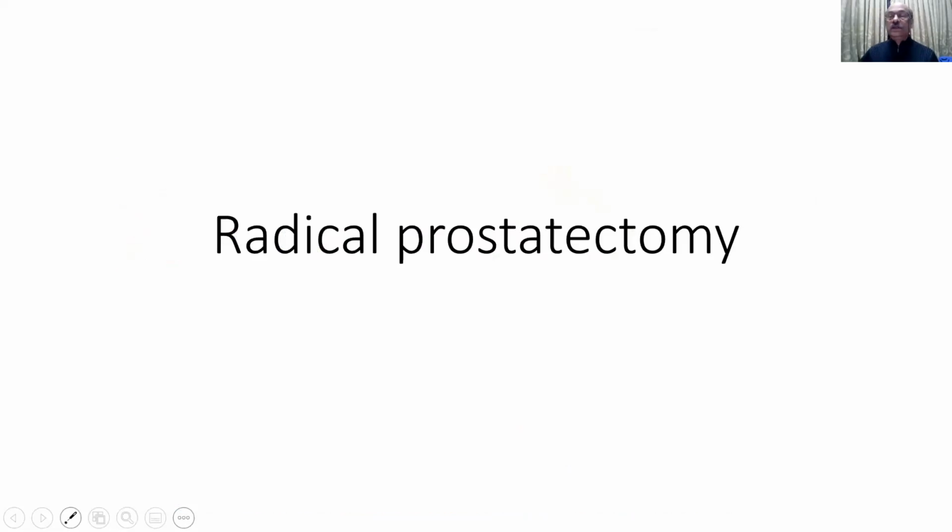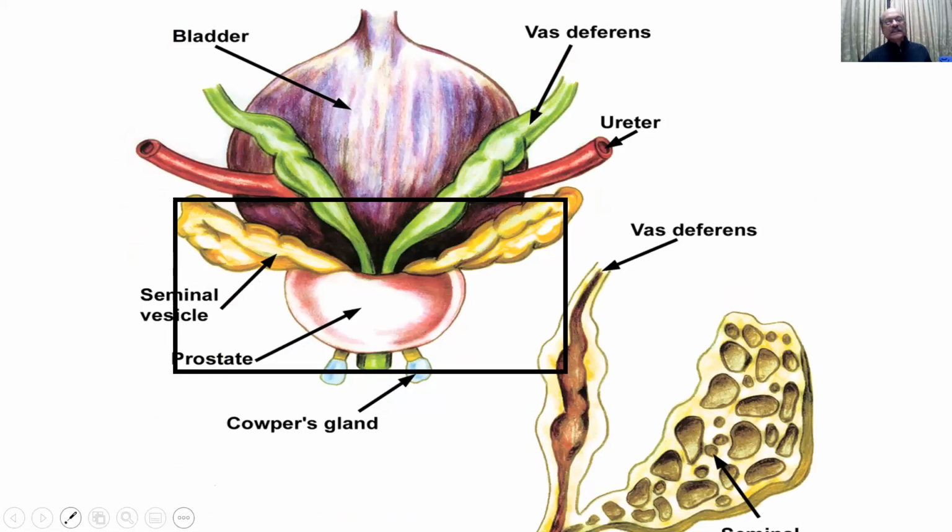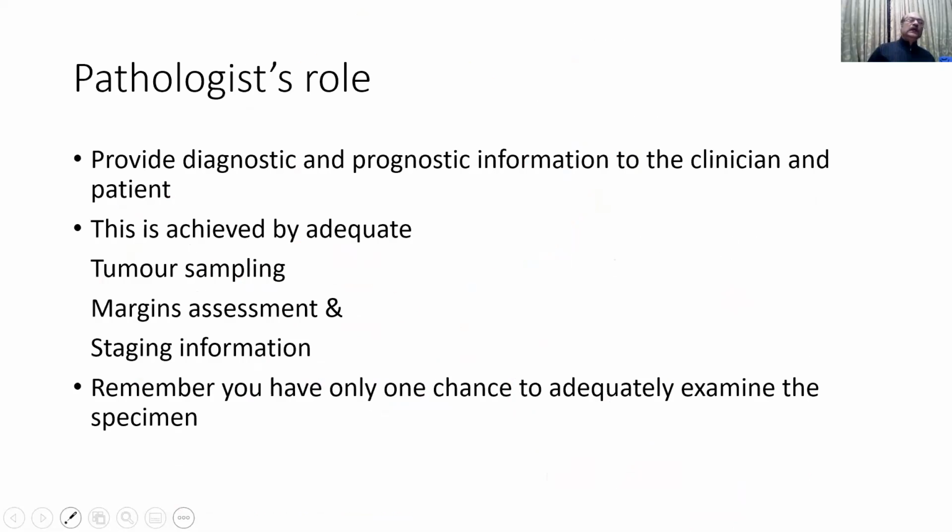Now we'll see very shortly the radical prostatectomy specimen. The radical prostatectomy, we get these structures we all know, and this is the radical prostatectomy sample. The pathologist's role is to provide diagnostic and prognostic information to the clinician and patient.